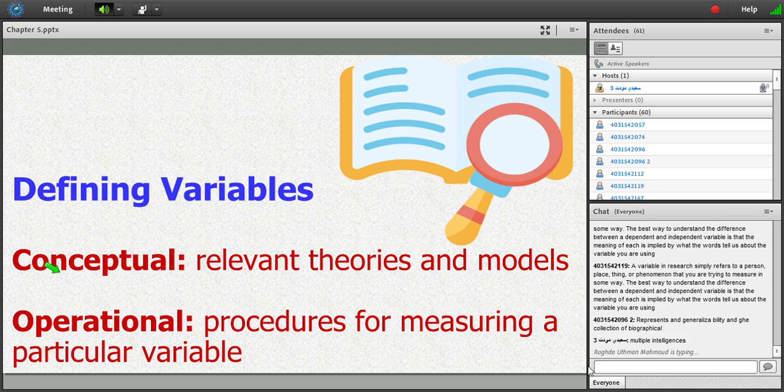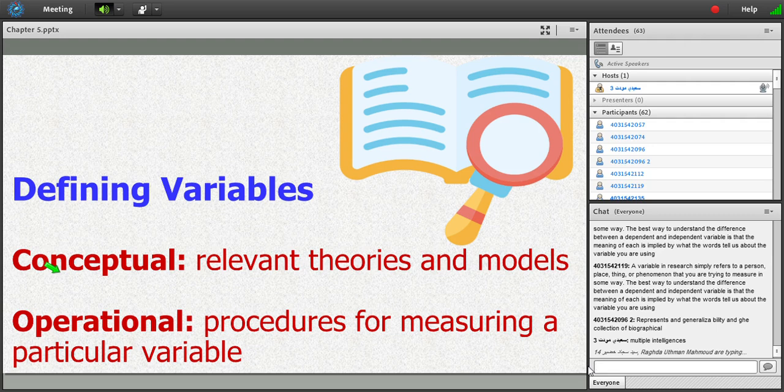That each person has different intelligence types: verbal intelligence, linguistic intelligence, musical intelligence, interpersonal intelligence.